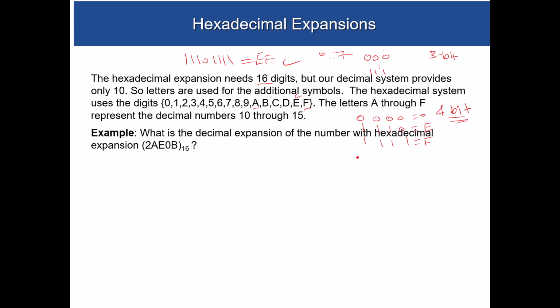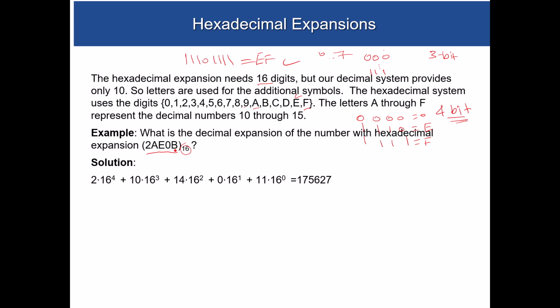Let's look at how we do the conversion. We're going to go quickly in this one, because I believe you already know how to do the conversion. So here we have this number 2AE0B, and we'll be dealing with base 16 this time, but we're going to do the same style. Let's see how we're going to convert from base 16 into base 10, exactly as we did before.